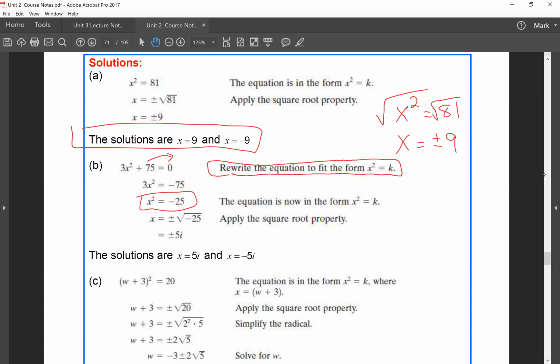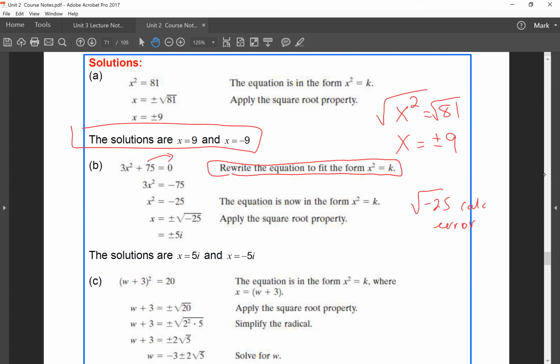Now, if you try this on your calculator, if you try to take the square root of negative 25 on your calculator, it will give you an error. So we're not actually looking to take the square root of the negative.